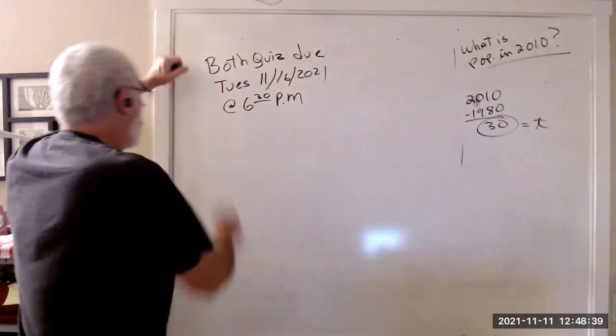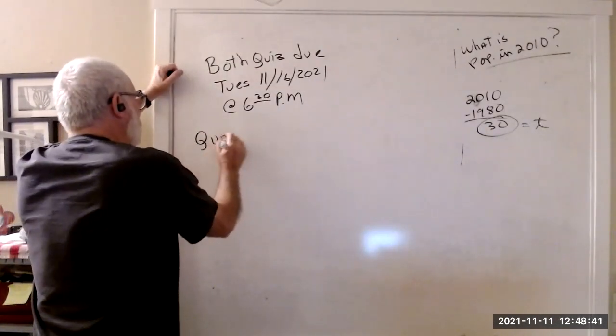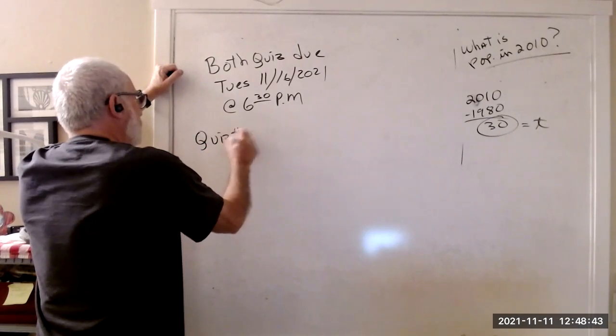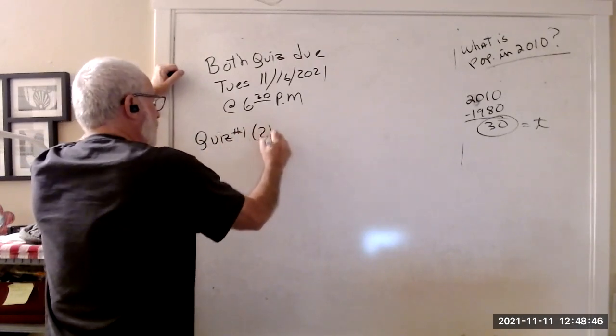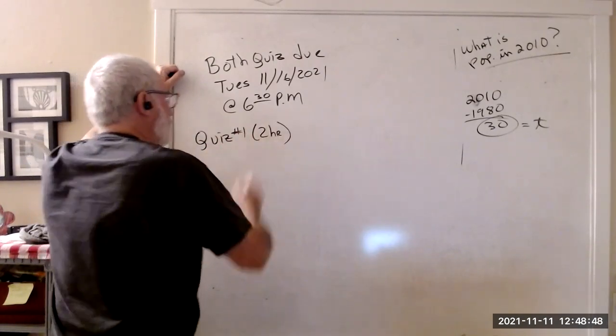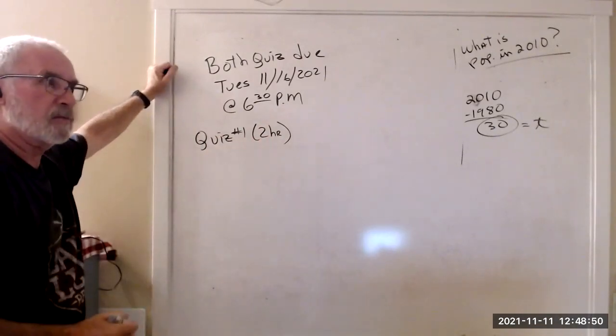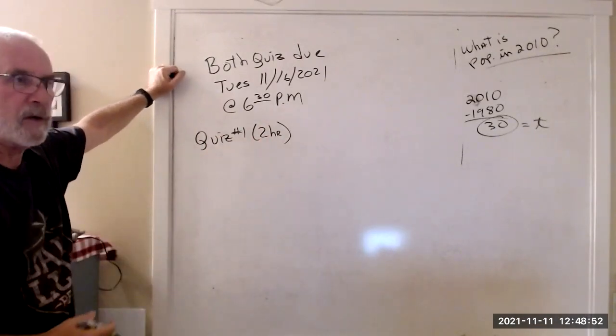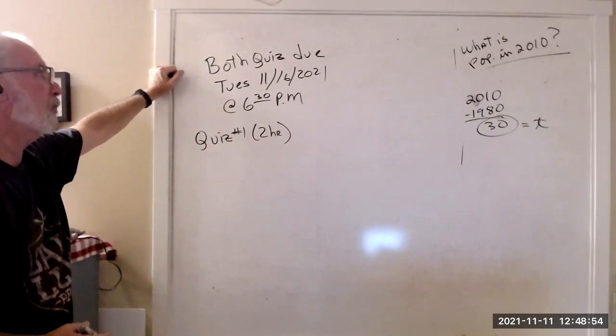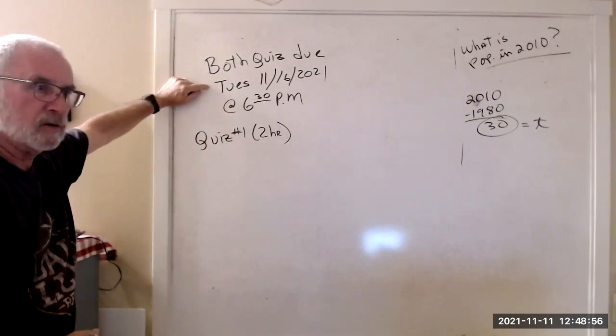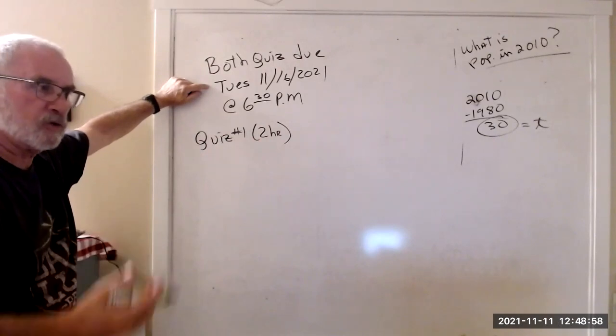Quiz number 1, you have a 2-hour limit. Okay, I don't care when you start it, but once you start it, you have 2 hours. I mean, you could start it Tuesday for all I care. But once you start it, you have 2 hours to do it.